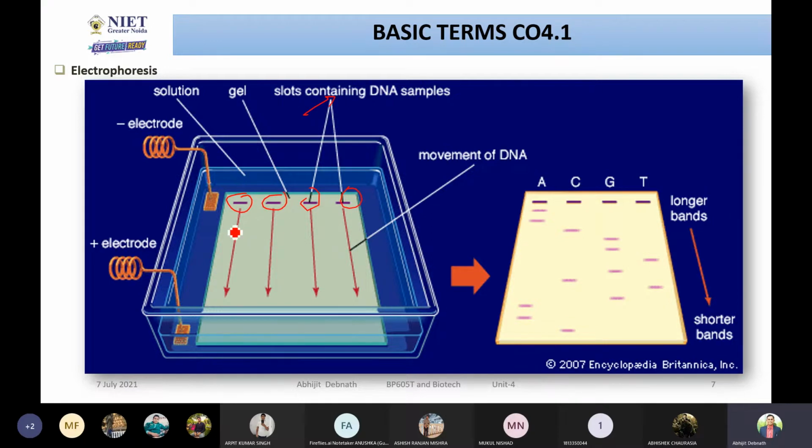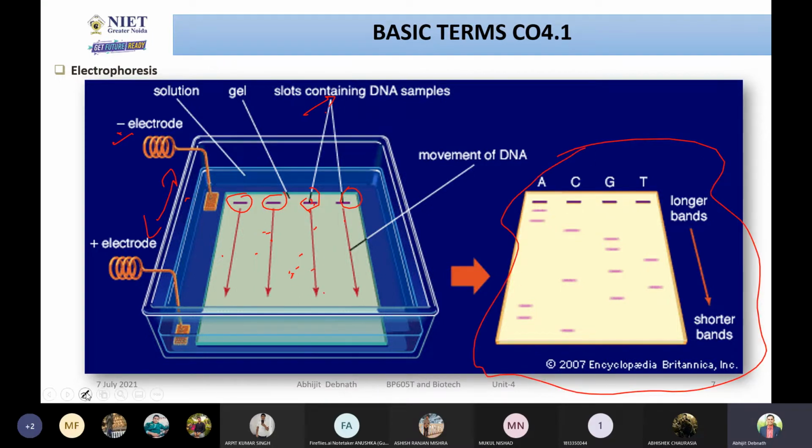In that area there are gels present with some pores, and you are creating an electric difference, negative and positive. Because of the charge, the molecules will start moving from this area to this area, and after some time you will get something like this.